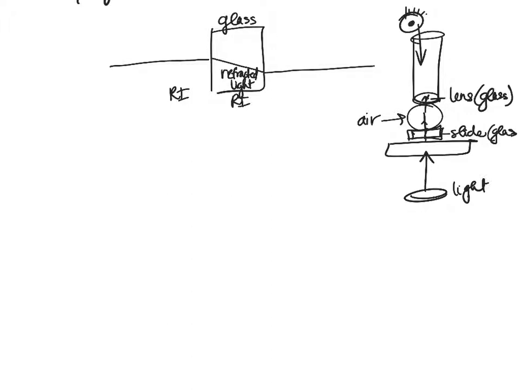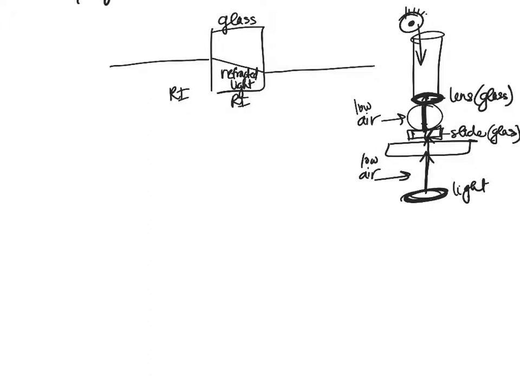When light moves from a low refractive index material to a material with a higher refractive index, it refracts away from its previous path into a direction that's more perpendicular. So if we're going from a low refractive index, the air down here, light goes through it, gets to the glass slide, and bends slightly, to be more perpendicular rather than more parallel.